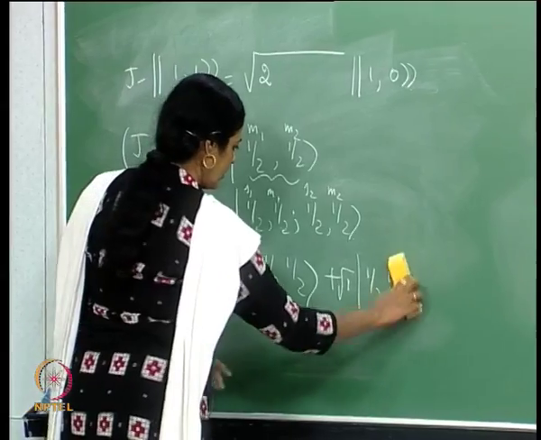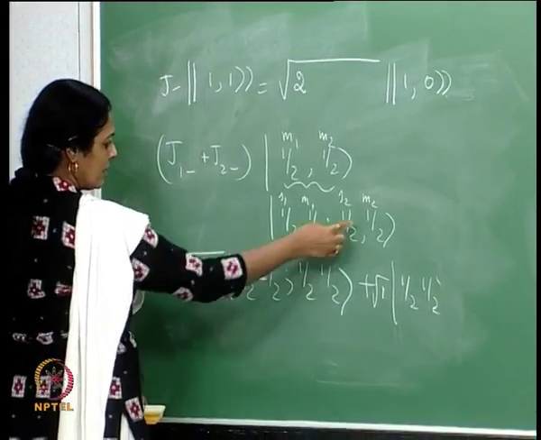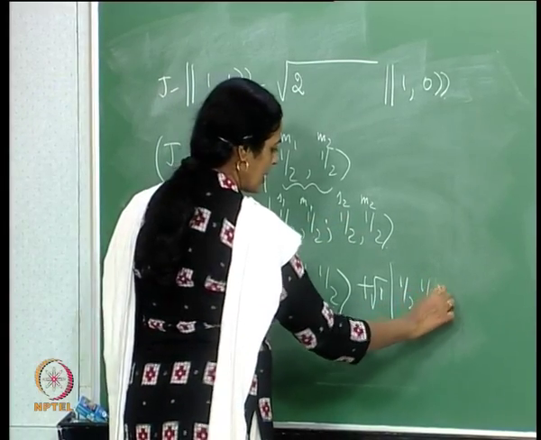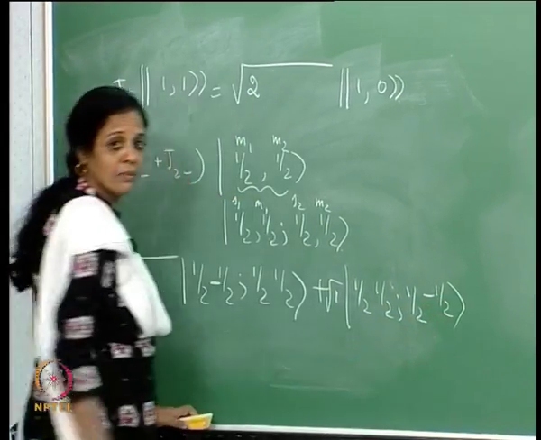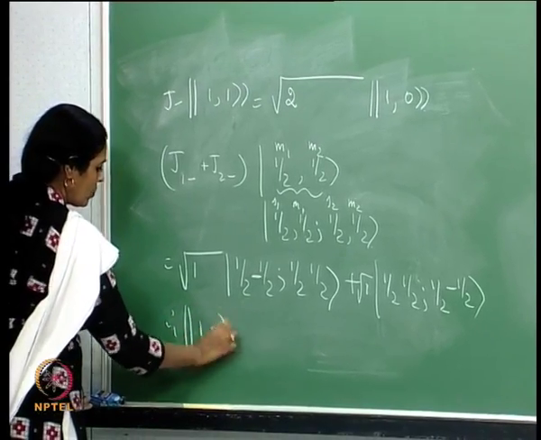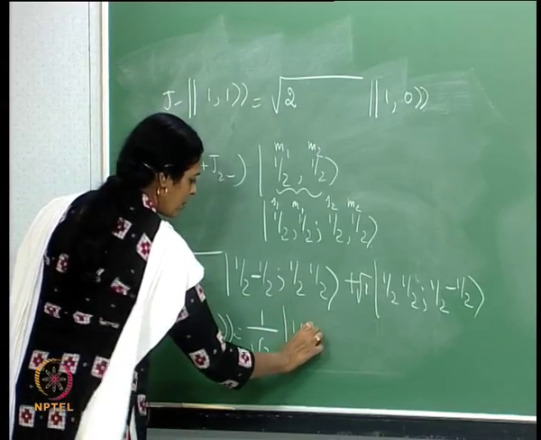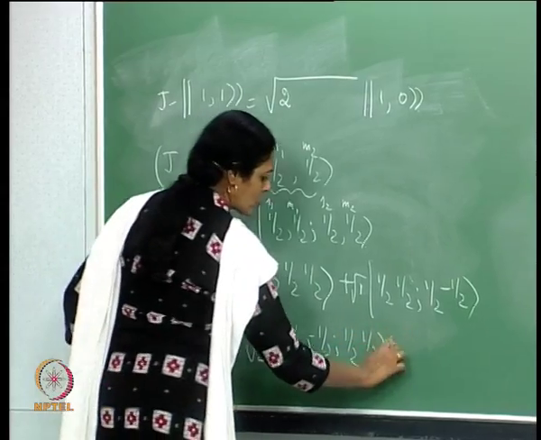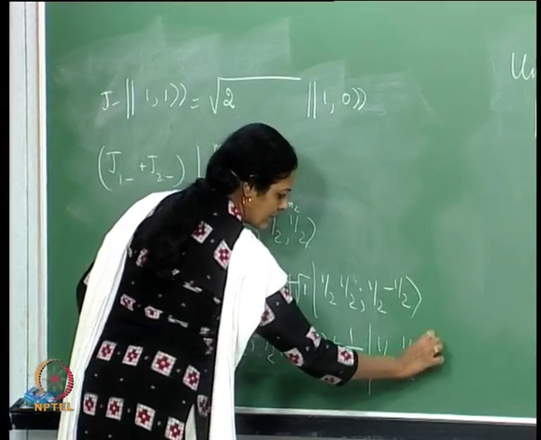So, in the first case, the m1 became minus half, and the m2 continued to be half. In the second case, the m1 continues to be half, and the m2 becomes minus half. And therefore, I have 1 0 is 1 by root 2 times half minus half, half half, plus 1 by root 2 half half, half minus half.